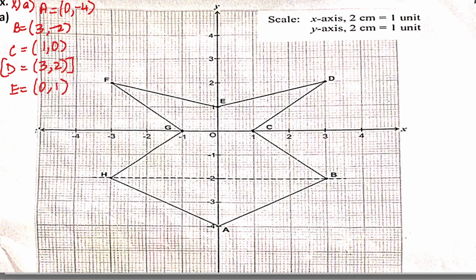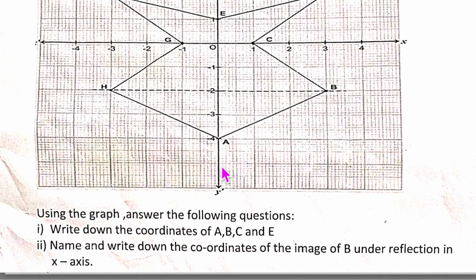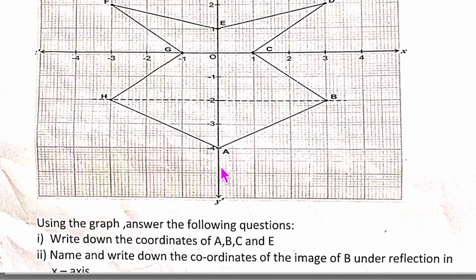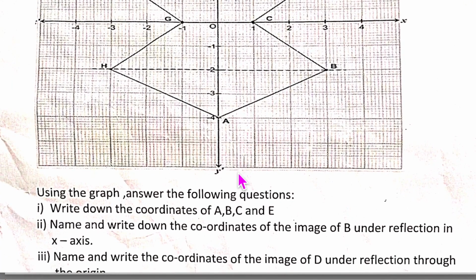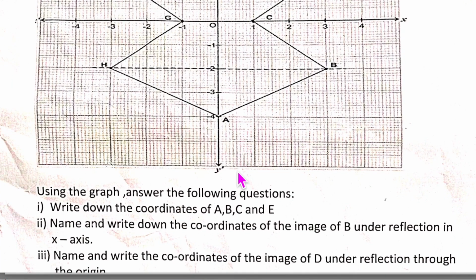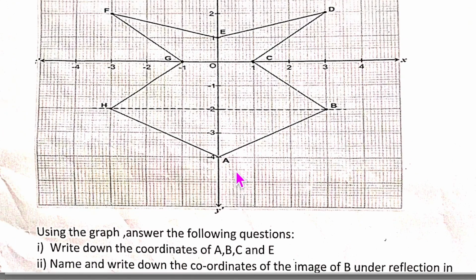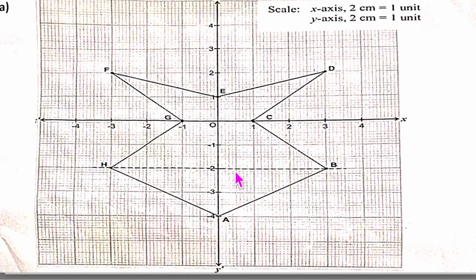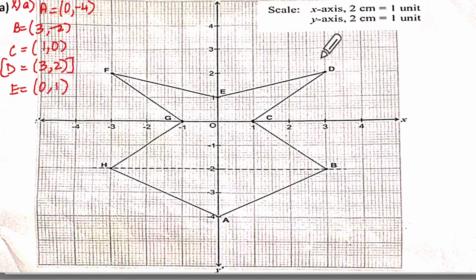Okay. Now, what is the second question? Name and write the coordinates of the image of B under reflection in the x-axis. B is 3 comma minus 2, so the image will be 3 comma 2, that is D. B will become D, the reflection of B in the x-axis.